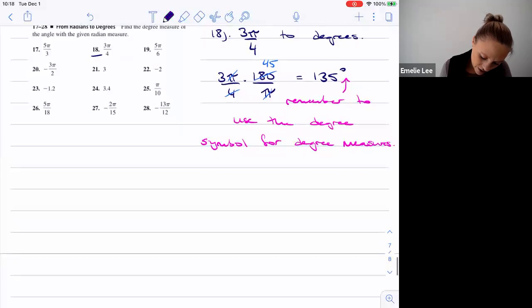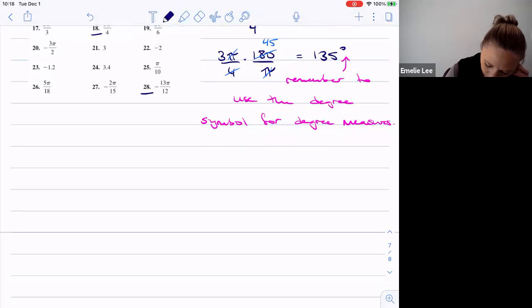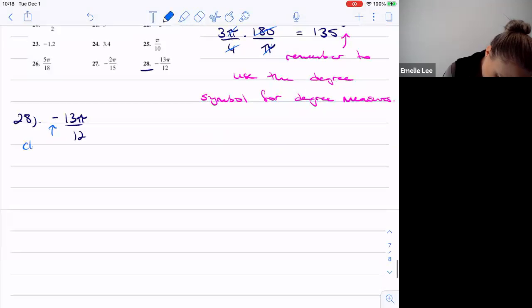How about if we did 28? It's a negative angle. That doesn't actually matter, because I'm just going to keep that negative on the outside, since it's just telling me the direction I'm going. And then I'm just going to deal with the 13 pi over 12. So I've got negative 13 pi over 12, and this is just saying go clockwise.